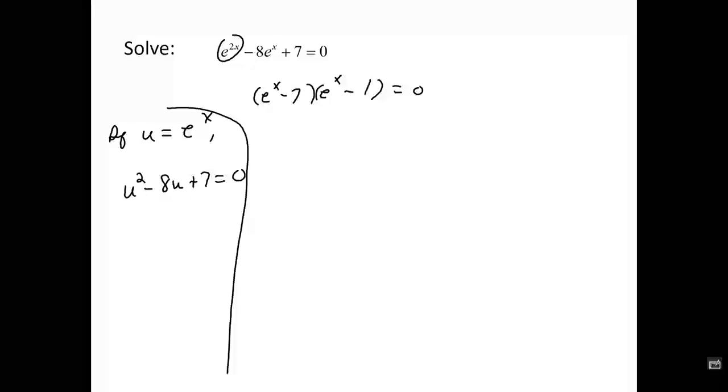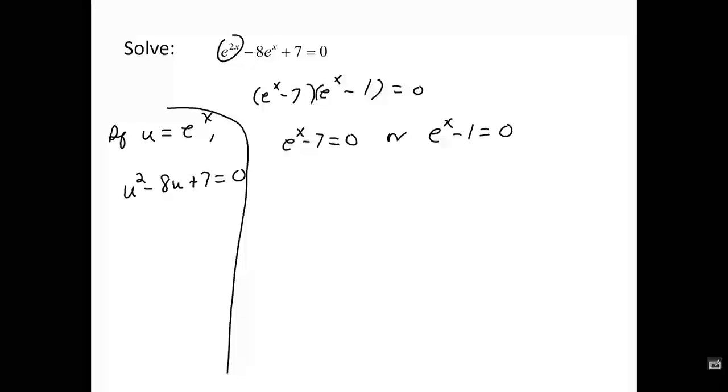So we see that we have the factors of the original exponential equation. So now we can use the zero product principle to solve the equation. So we have e to the x minus 7 is equal to 0, or we have e to the x minus 1 is equal to 0.